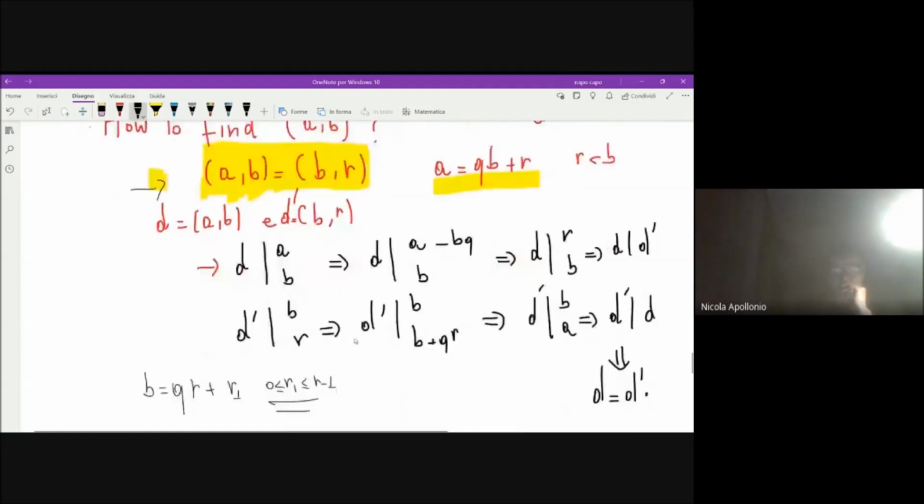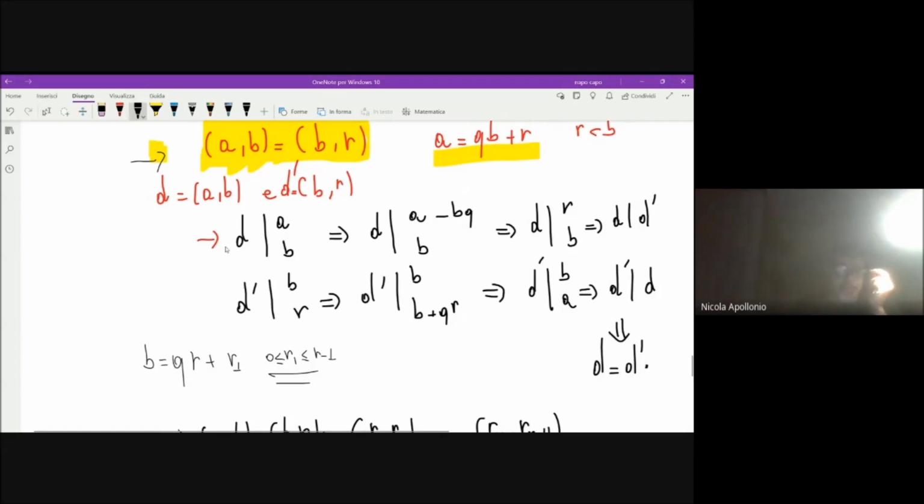Because I am assuming now that D is the greatest common divisor of A and B, and I'm going to show that D is a divisor, not necessarily the greatest one, of B and R. And then I will show that if D prime is the greatest common divisor of B and R, then it also divides D. So we have D divides D prime divides D, and we must conclude that D is equal to D prime.